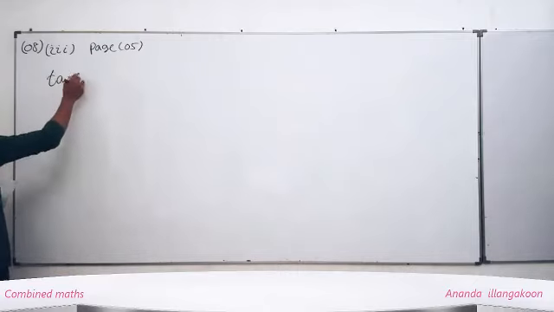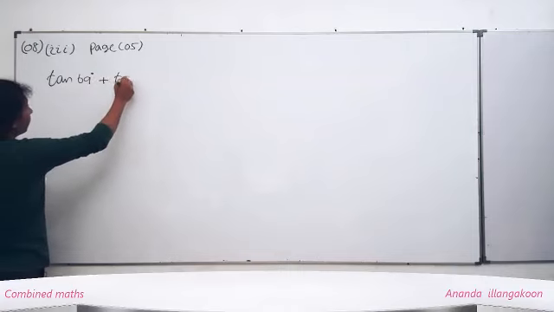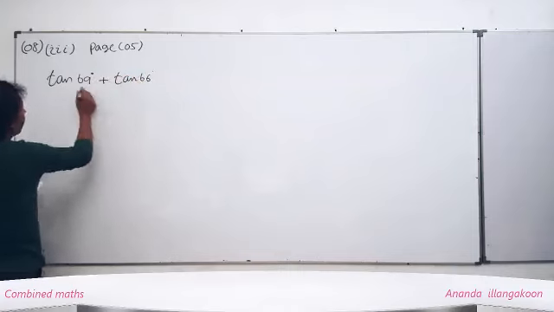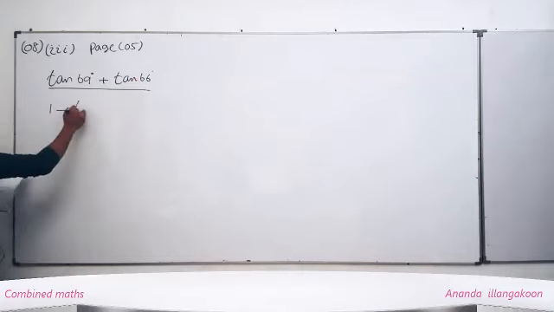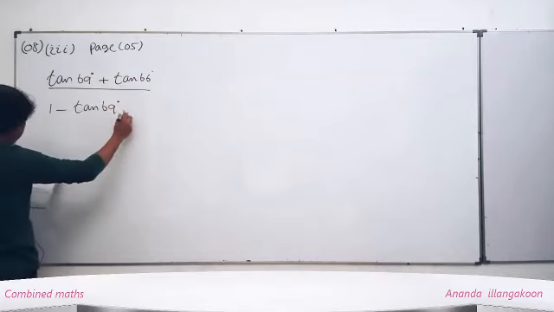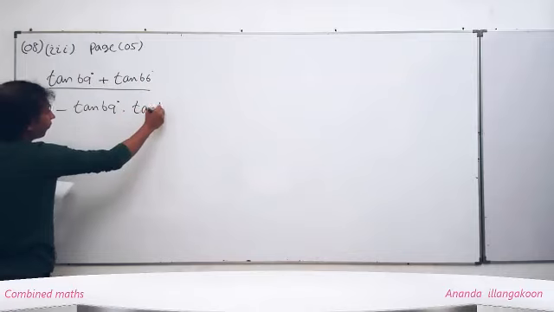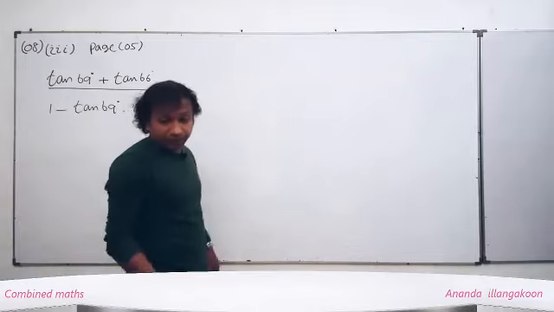Tan 69 plus tan 66, divided by 1 minus tan 69 into tan 66. All right, this answer we are asked to prove as -1, people.